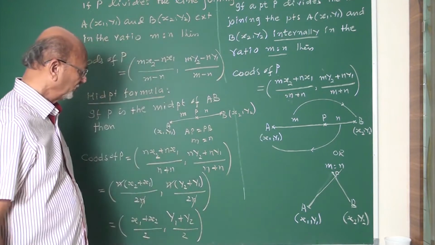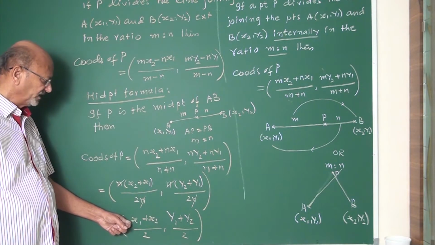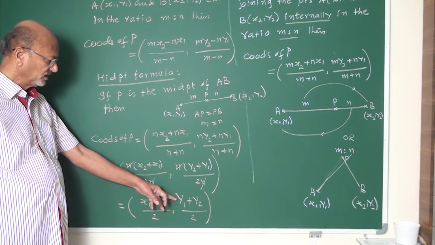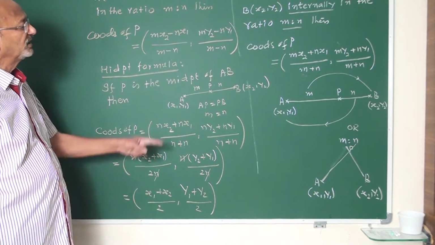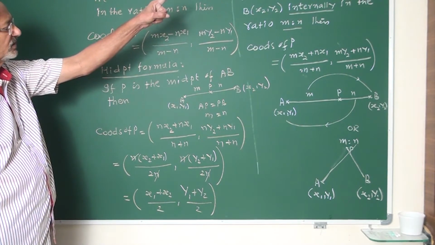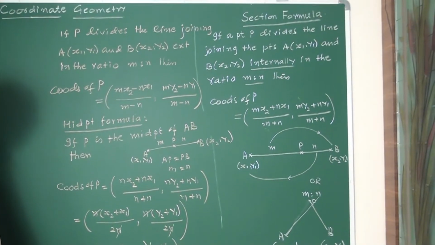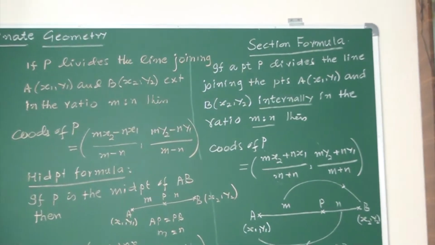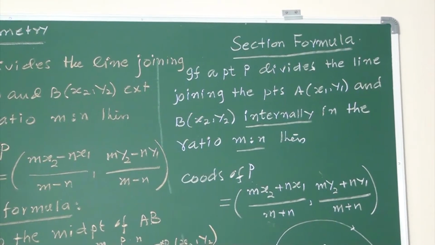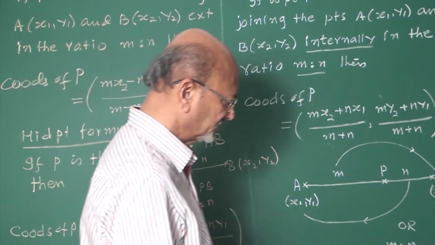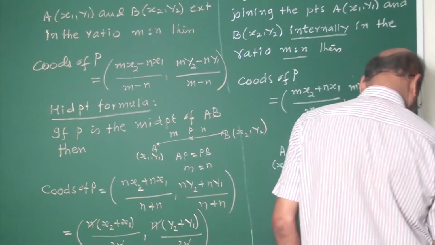And the midpoint formula: add x coordinates divided by 2, comma, add y coordinates divided by 2. These are the three formulae under the section formula. Yes, my friends, 1 minute, copy it. I do the examples based on this.